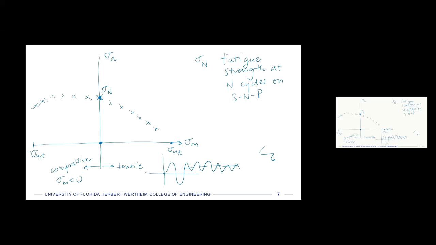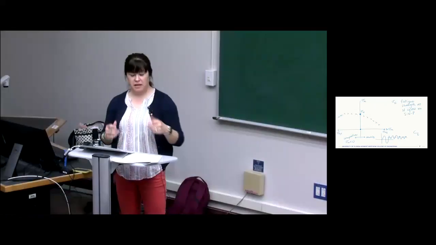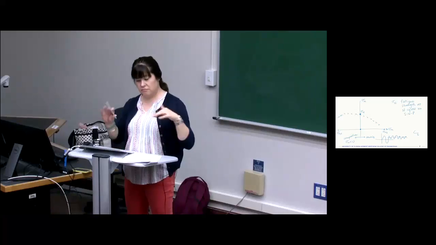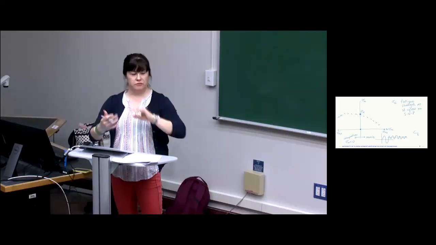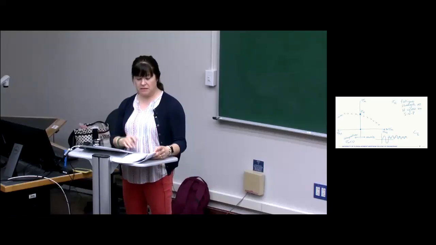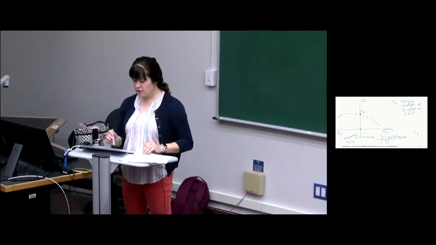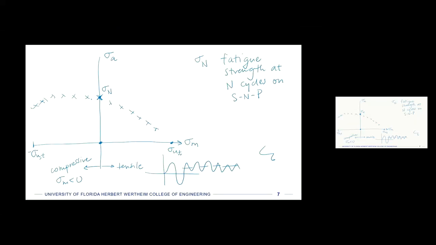And so this kind of goes back to when we were talking about those static failure theories, where we talked about the energy density, and how if we have a hydrostatic stress, then that thing is much more robust to yielding than if we have the additional energy to distort it, right? And so this is kind of speaking to that asymmetry of fatigue occurring more readily if there's a tensile non-zero mean stress than a compressive one.